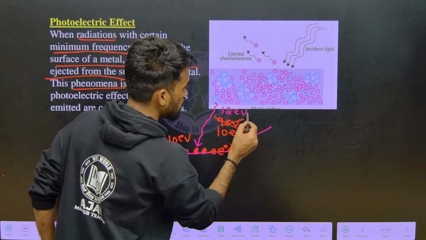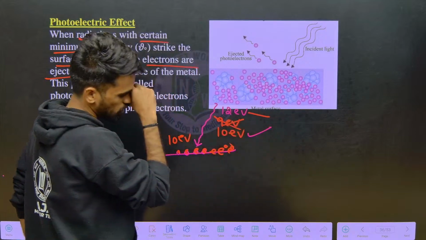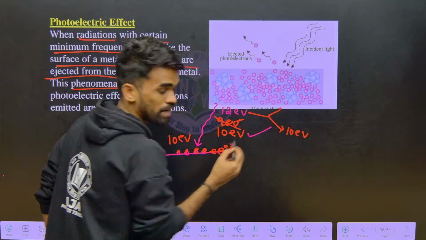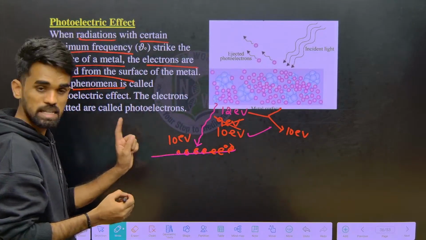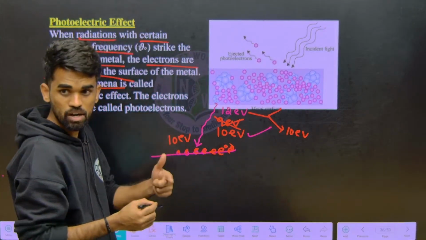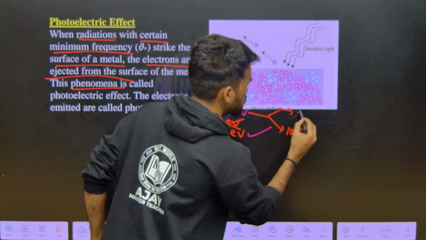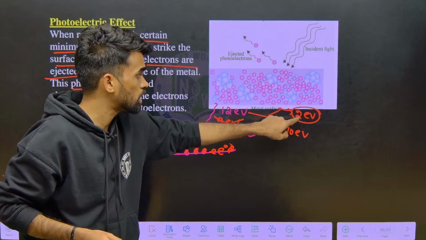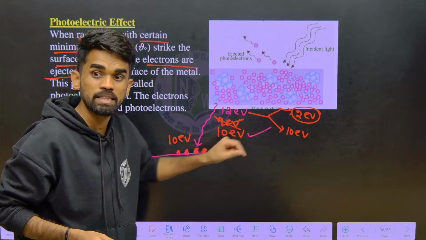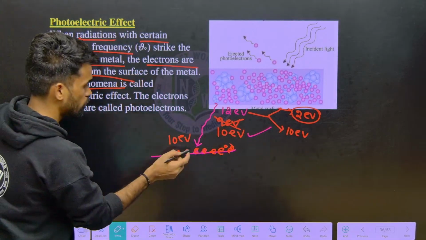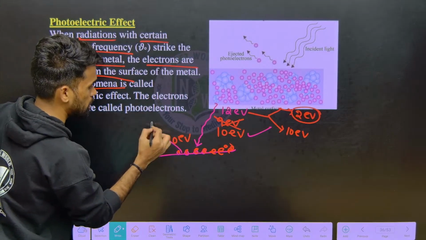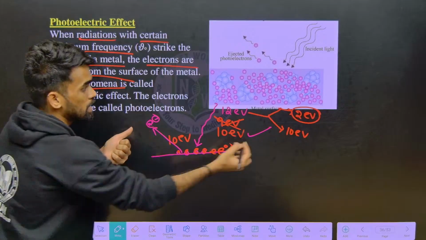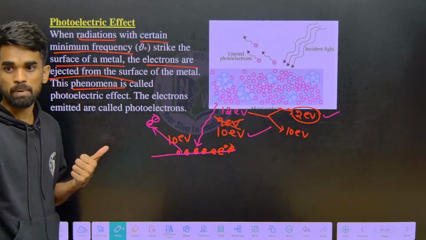So out of these 12 electron volts, 10 electron volts is used for ejection of electrons from this metal surface, and how much extra do we have now? 2 electron volts of energy is extra. So now this extra 2 electron volts is taken by the ejected electron. So it will take any extra energy that is supplied.